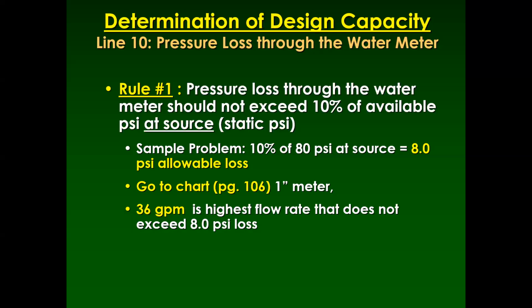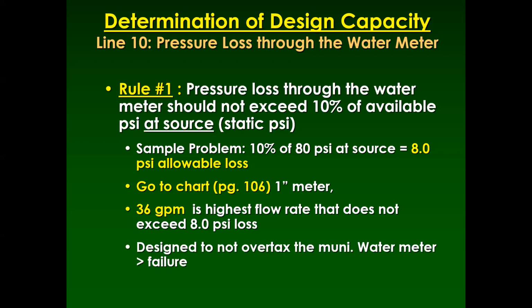That would be our first one, so we write 36 gallons per minute in that first line. This is designed to not overtax the municipal water meter, because if you overtax it, it will fail and then we'll have problems.